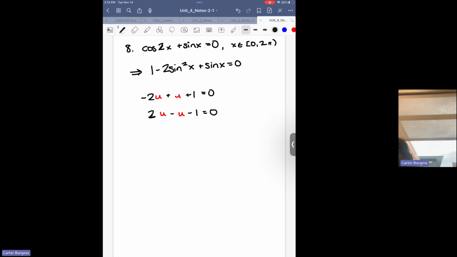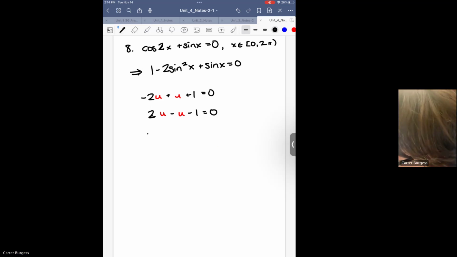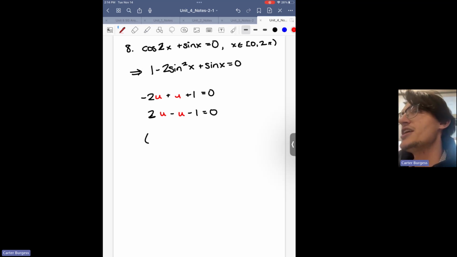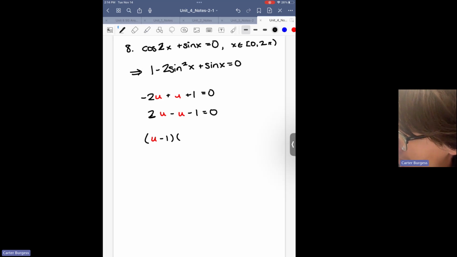Two times -1 is -2. Two numbers that multiply to make -2, that add to make -1. Yep. -2 and 1, and I'm going to use my cheaty factoring magic here. That's going to give me u minus 1 times 2u plus 1, equals 0.